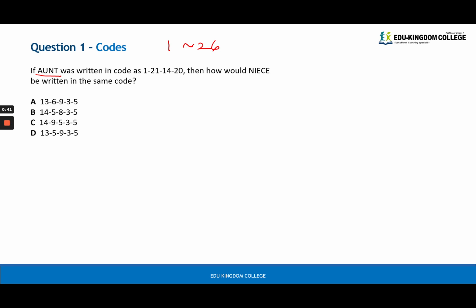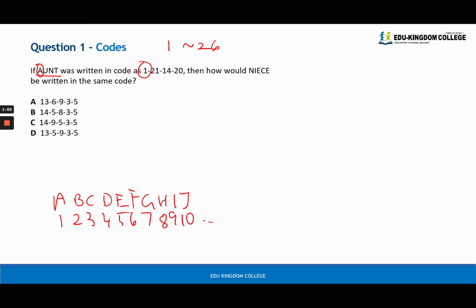The next thing is that the first letter of our alphabet, A, actually is represented by 1. That tells me that this is actually the order of the alphabet. So A, B, C. Let's write out a couple. Will be 1, 2, 3, 4, 5, 6, 7, 8, 9, 10, and so on.